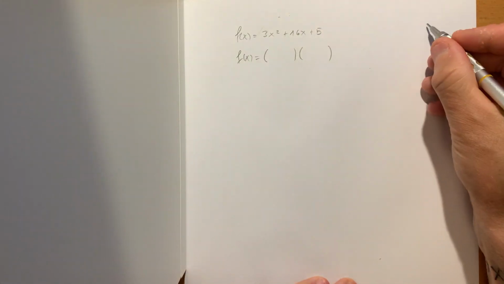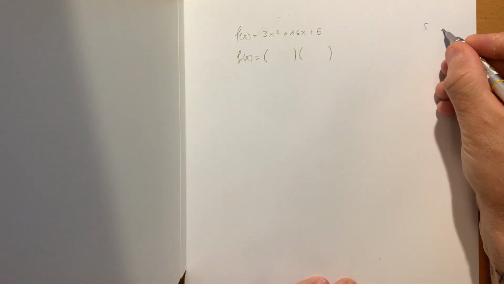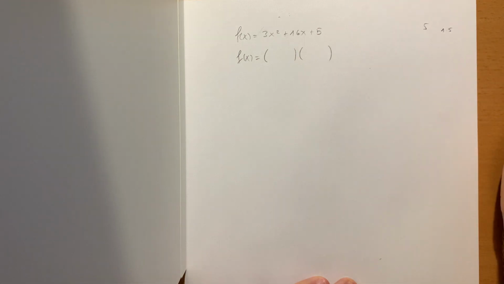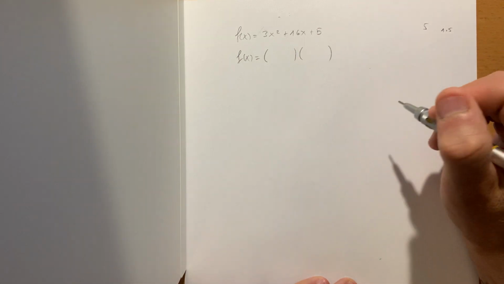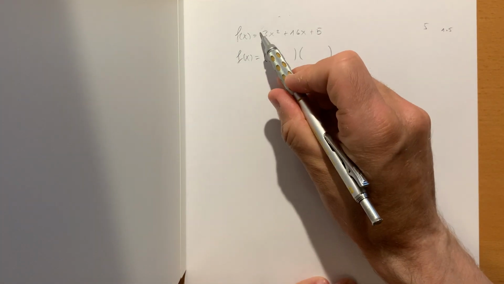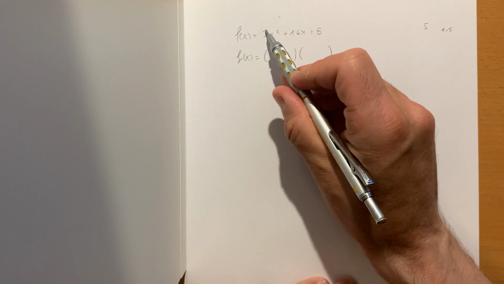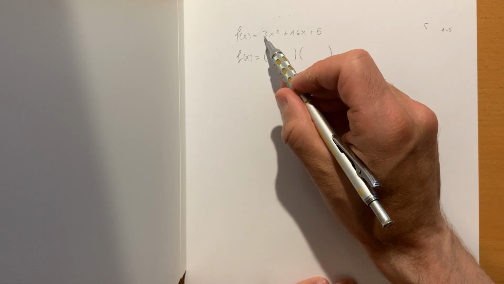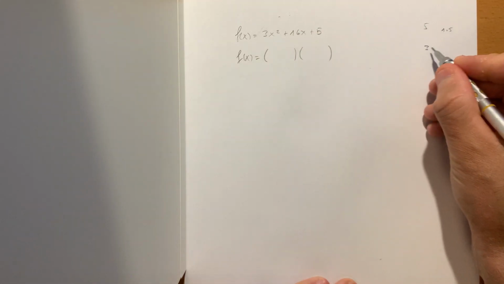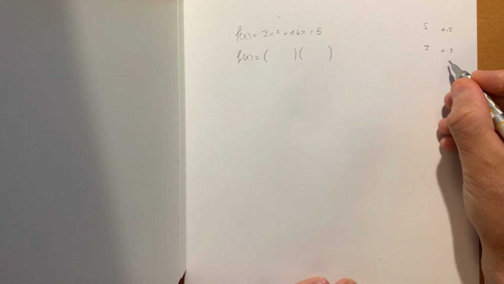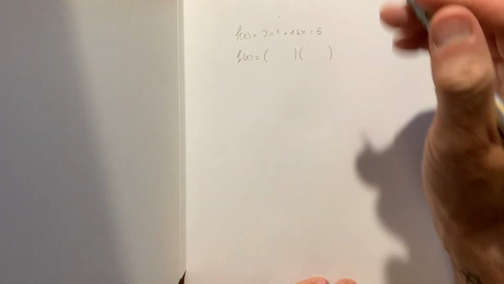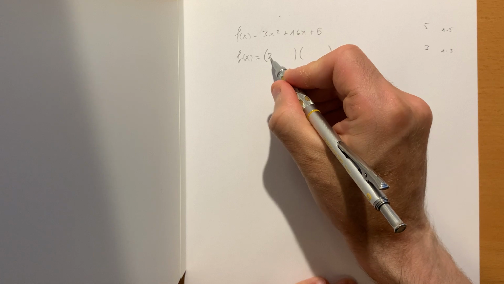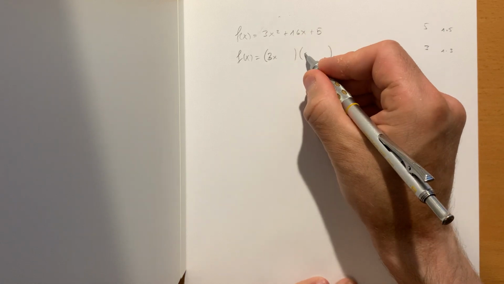Now look, the 5 is easy here because it's 1 times 5 or 5 times 1, same thing, okay? But then the 3, you have a 3 in front of your function. So the 3 could be 1 times 3 or 3 times 1. So you could start off like this, 3x and x.